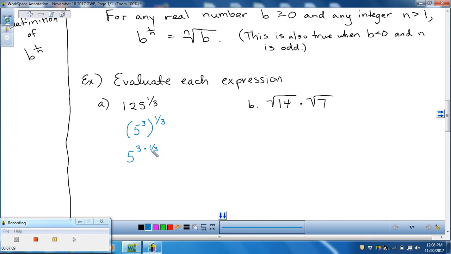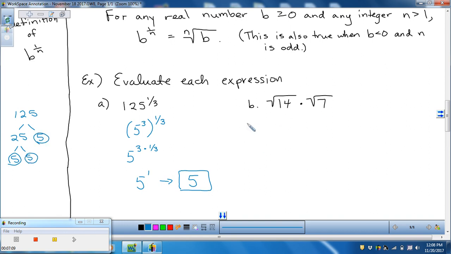And when we take 3 times 1/3, we get 1. So now we have 5 to the 1st, or just 5 as our answer. Now again, when you have a number like this, if you're not good at breaking it down, if you don't know that 125 is 5 cubed, you could do your factor tree to figure out what your factors are. And that's where I got the 5 to the 3rd power.